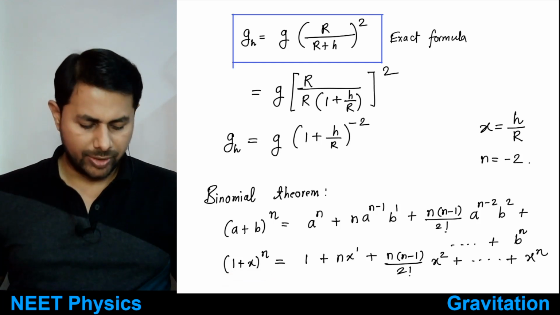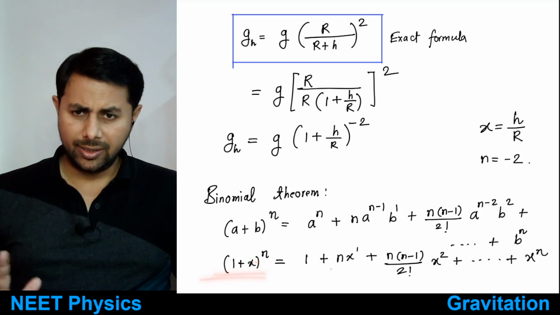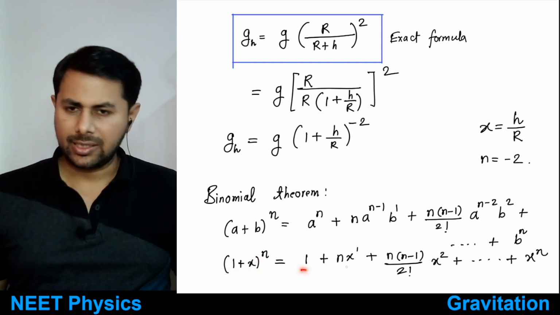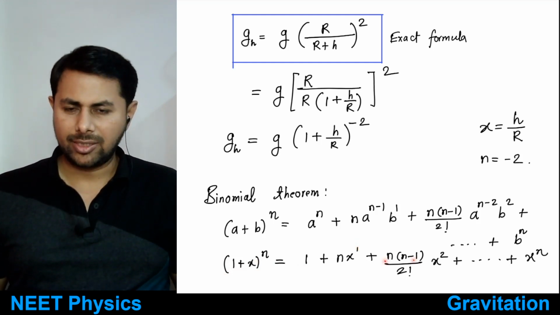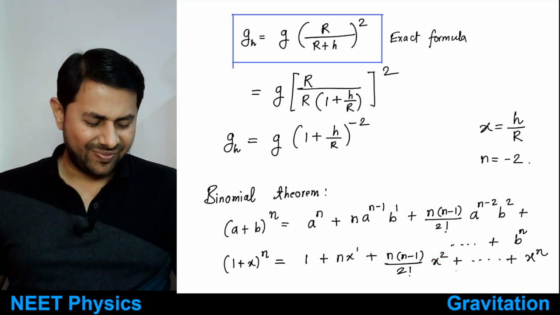What is binomial expansion? If you have (1 plus x) raised to n, then it is expanded as 1 plus n x, then plus n times (n minus 1) upon 2 factorial x raised to 2, plus so on and so forth up to x raised to n.